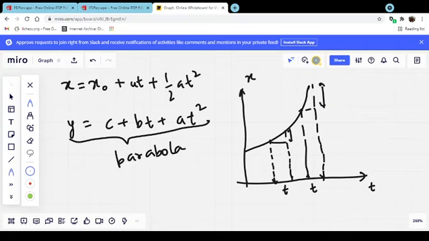And if you look carefully, the number of constants in both the equations is the same, and the variables are also to the same power. That means in the case of motion, this is the equation of motion.